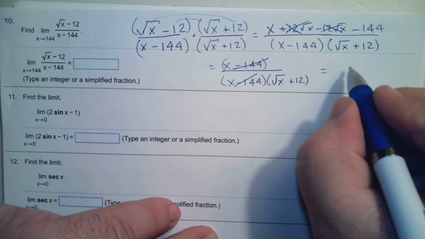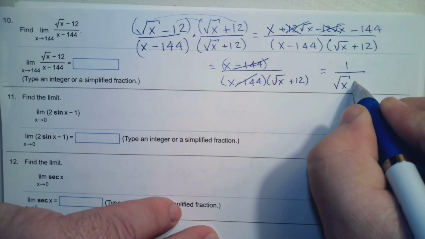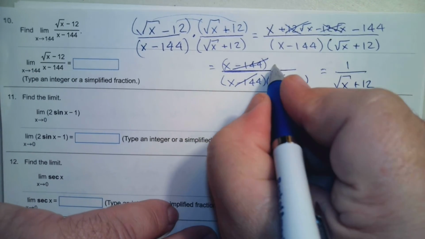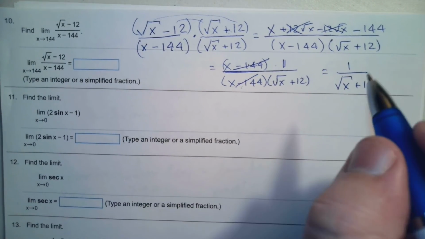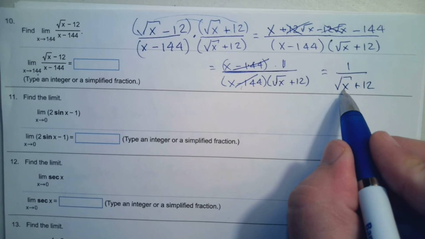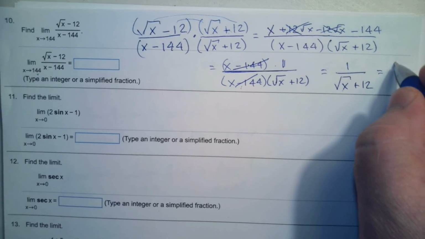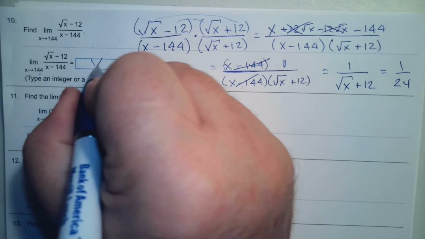The x minus 144 is canceled, leaving us with 1 over radical x plus 12. Remember, this is a dividing line. There's a times 1. So if you cancel these guys, there's always a 1 up on top. Now, we put 144 in there. So the square root of 144 is 12. 12 plus 12 is 24. So it's 1 over 24.